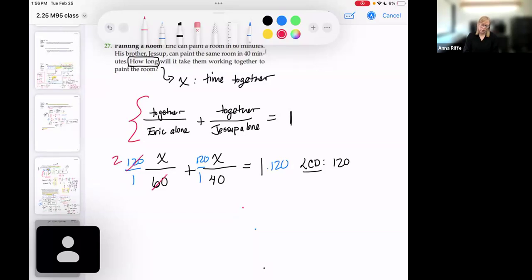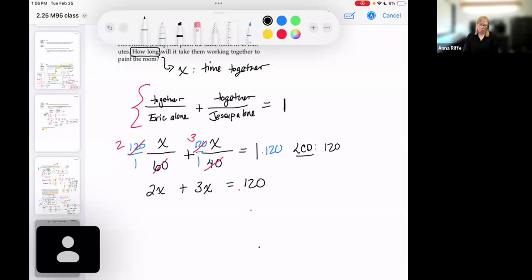Divide 120 by 60, we get 2. Divide by 40, we get 3. So it gives me 2x plus 3x is equal to 120. 3x plus 2x is 5x, equal to 120.